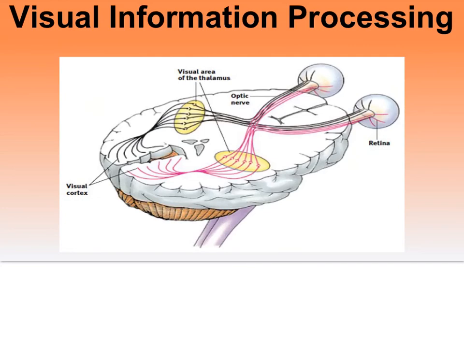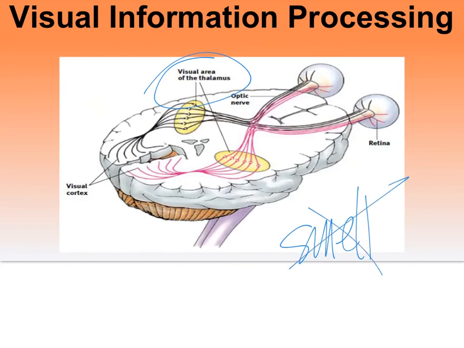Of course, they make that first stop. Remember, the thalamus acts as the pit stop of most senses, except smell, which doesn't go through the thalamus. Then these signals are taken to the visual cortex located in our occipital lobes, in this area right here.